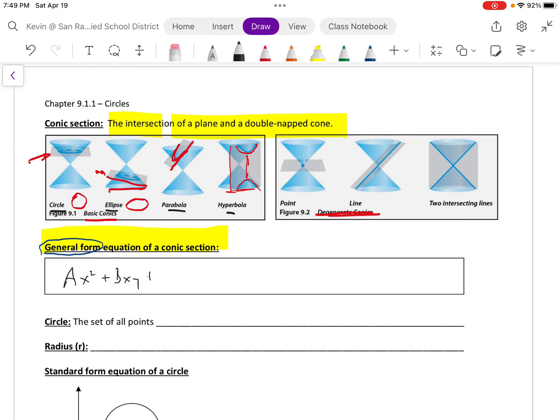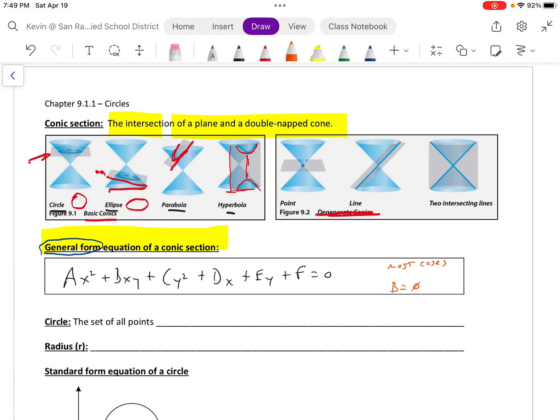The general equation is ax squared plus bxy plus cy squared plus dx plus ey plus f equals 0. Depending on what the coefficients A, B, C, D, E, or F are, if they're 0, then that term would go away.